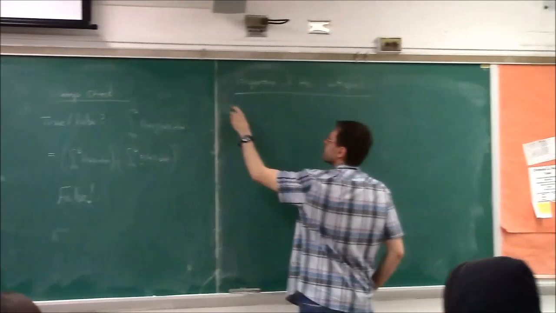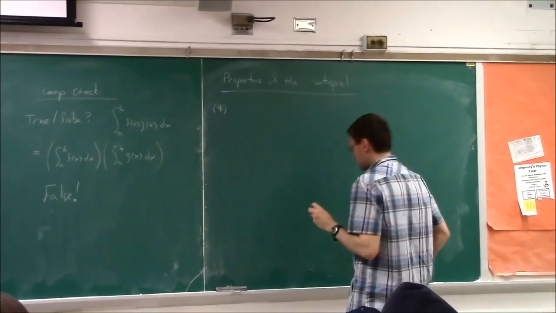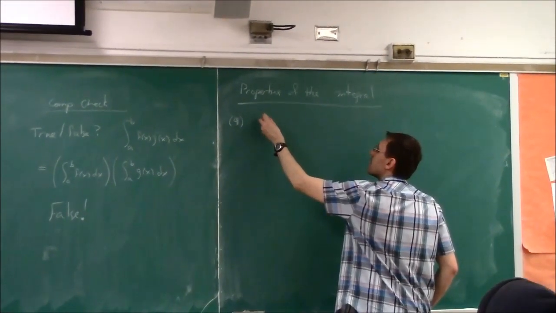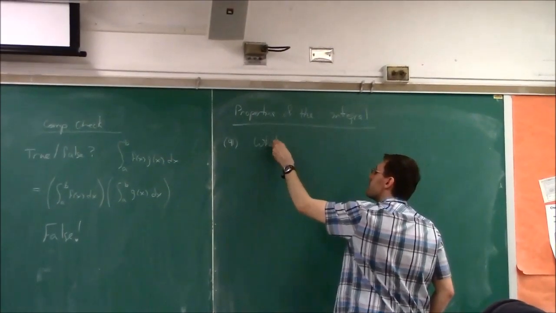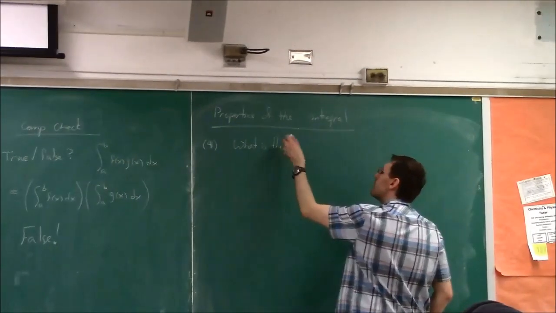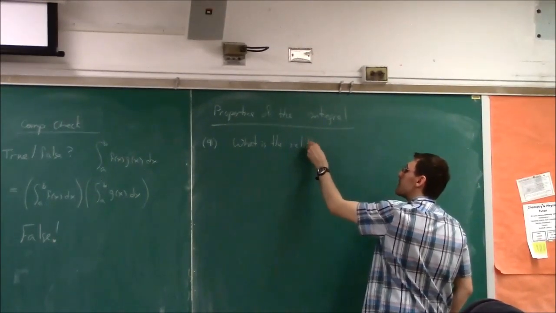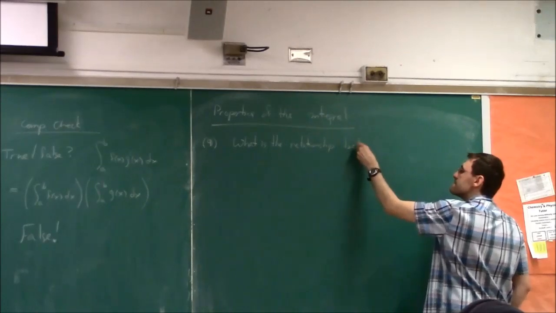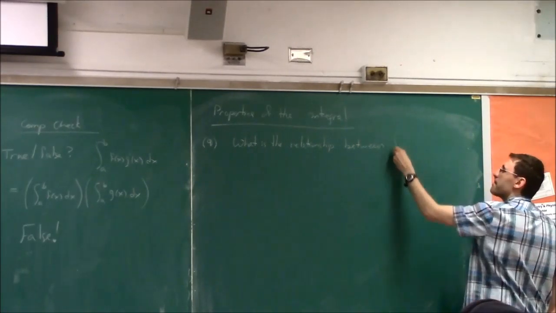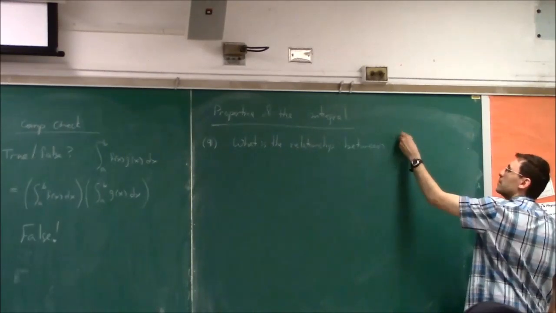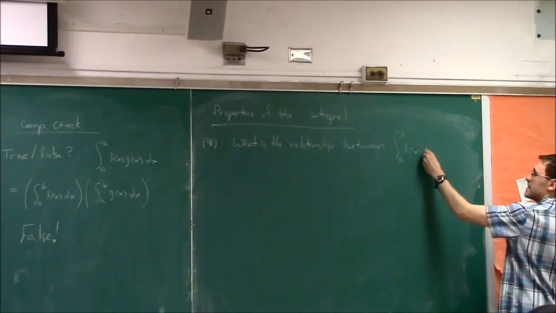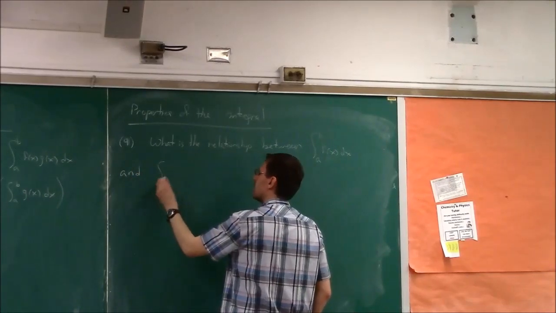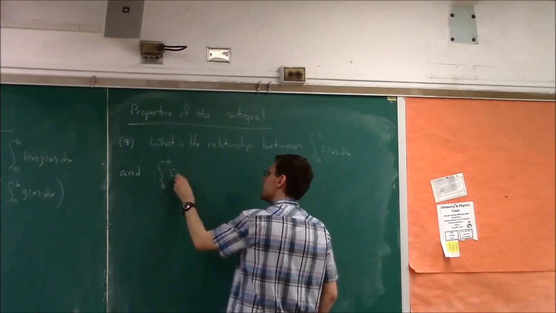Property 4. What is the relationship between the integral from a to b of f of x dx and the integral from b to a of f of x dx?